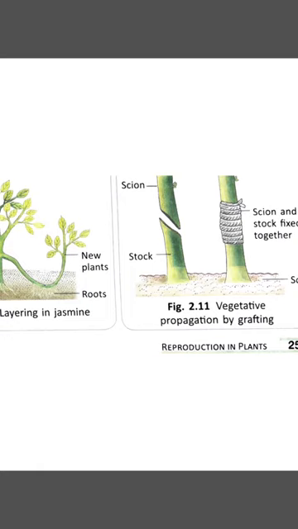In this way we can get new plants, and this method is used to develop new varieties of ornamental plants and fruits like rose, guava, mango, lemon, orange, etc., with desirable characters.